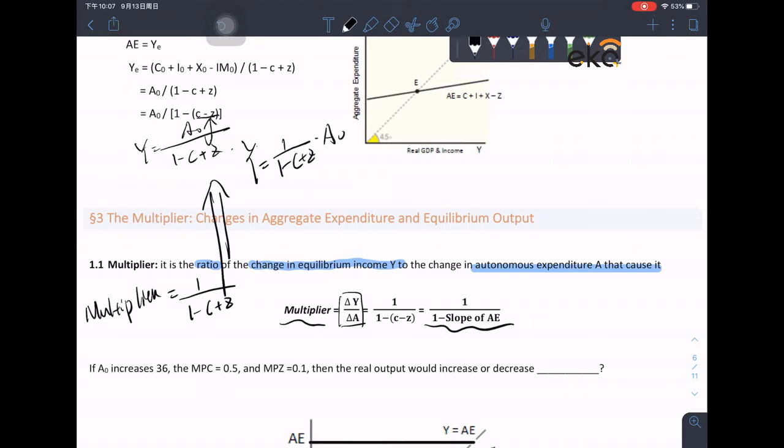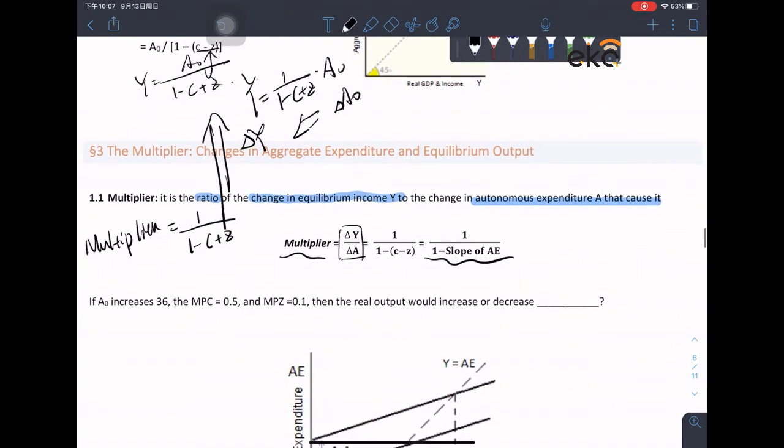So this is the change in A0 that causes the change in Y. And this part here, in the bracket, is 1 over 1 minus C minus Z. This is the slope. We can write 1 over 1 minus the slope of the AE function, okay?